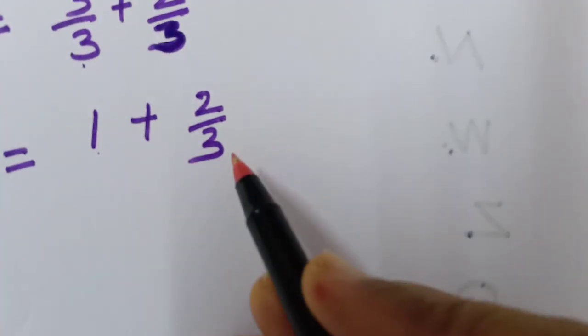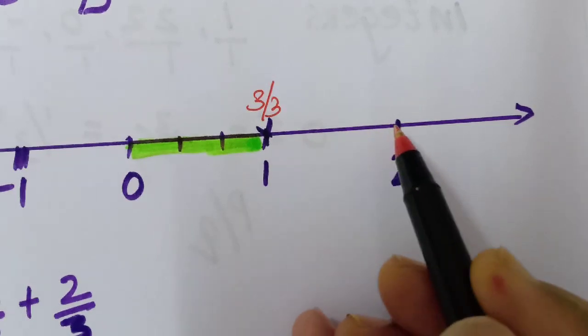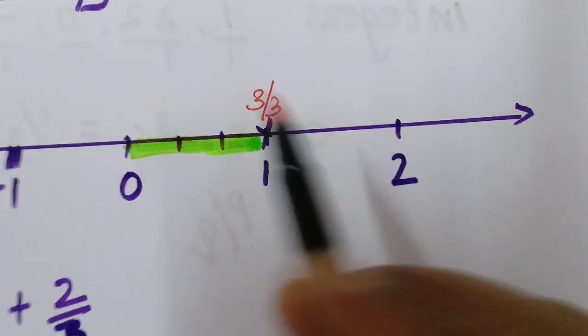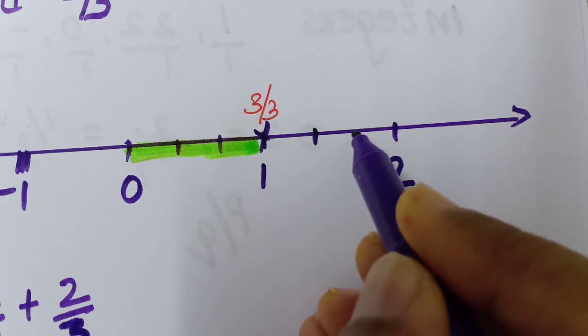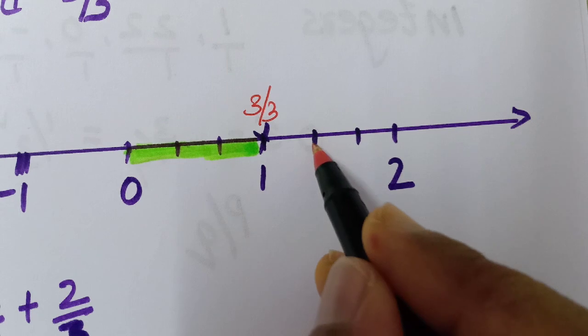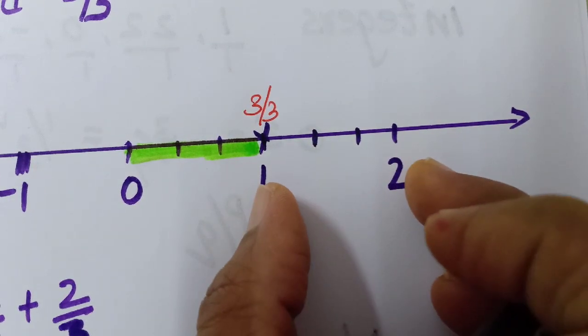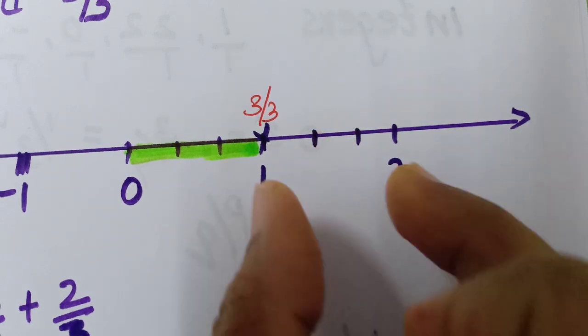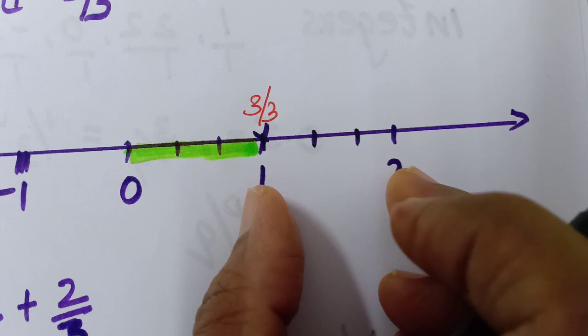Then we want 2 by 3 also along with that: 1 plus 2 by 3. So what do we have to do? The next unit also we divide into 3 equal parts. This is 1 by 3 of this unit, then this one is 2 by 3 of this unit.